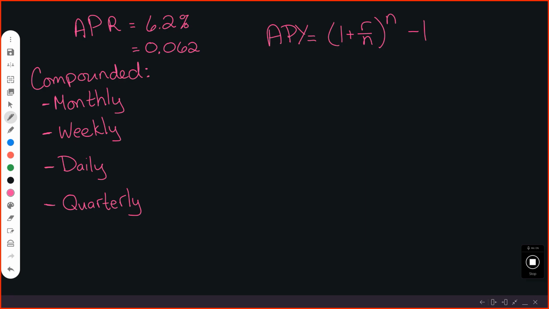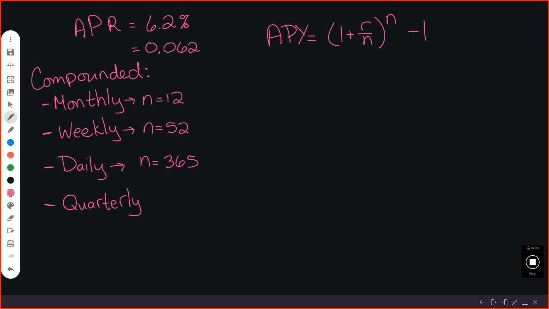Okay, so if it's compounded monthly, that means n equals 12. If it's compounded weekly, that means n equals 52. If it's compounded daily, that means n equals 365.